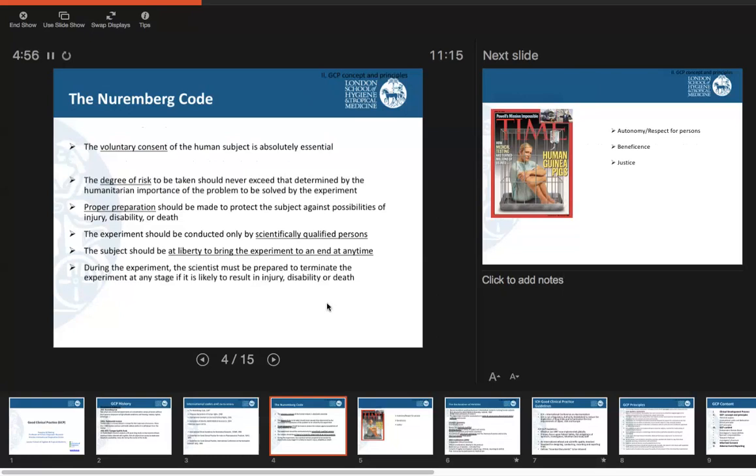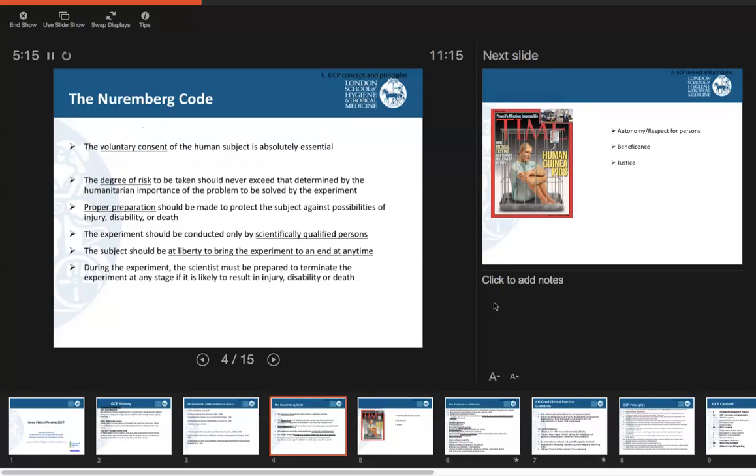So that's the general principle that you must adhere to. And that there's proper preparation for the trial to make sure that everybody's protected in terms of their rights. And also the experiments must be conducted using scientifically qualified personnel, so the results are valid.